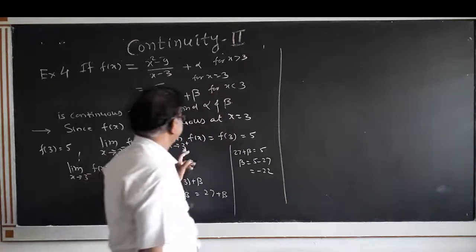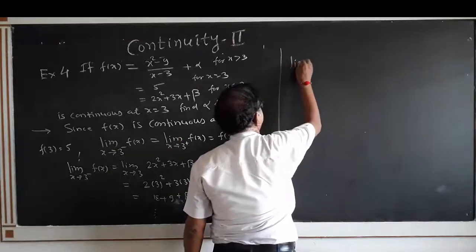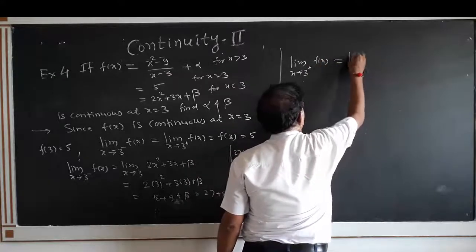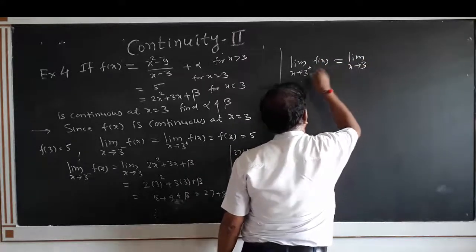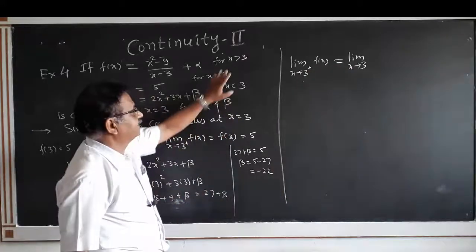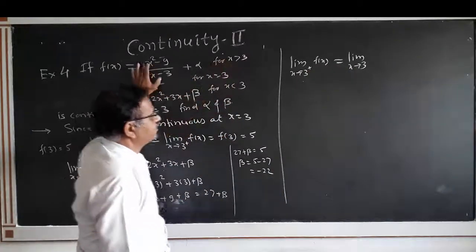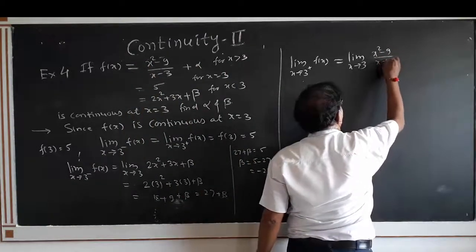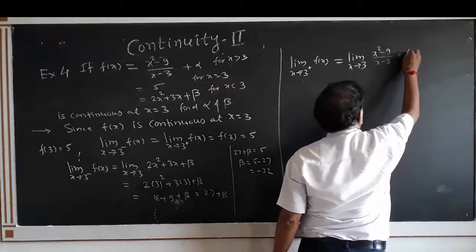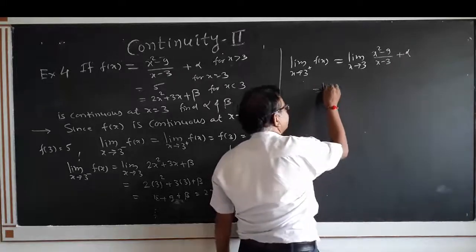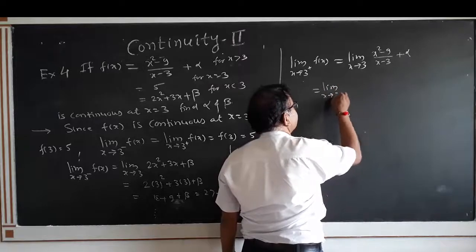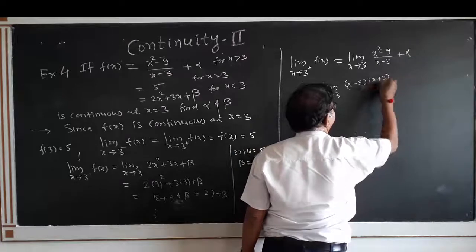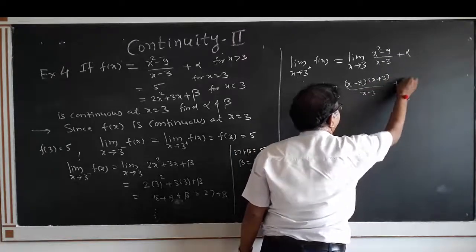Find out right hand limit. Limit x tends to 3 plus of f(x). Here x is approaching 3 from right hand side. Therefore, x is greater than 3, and we have to choose this function, (x square minus 9) divided by (x minus 3) plus alpha. This can be written as limit x tends to 3. We shall factorize x square minus 9 as (x minus 3) into (x plus 3), divided by (x minus 3), plus alpha.